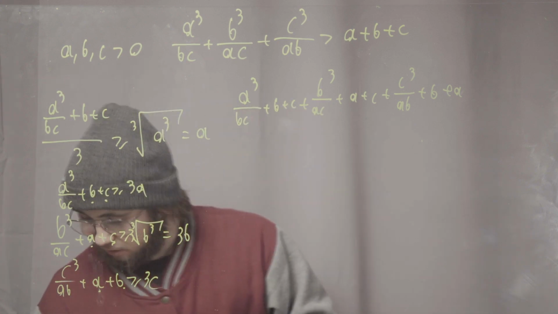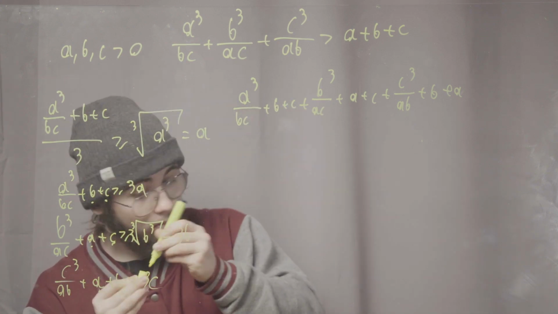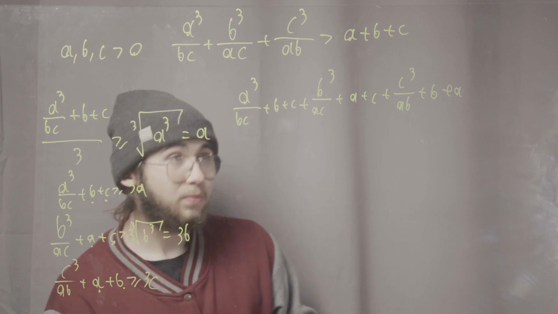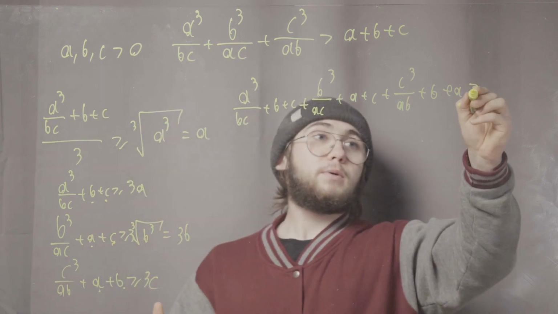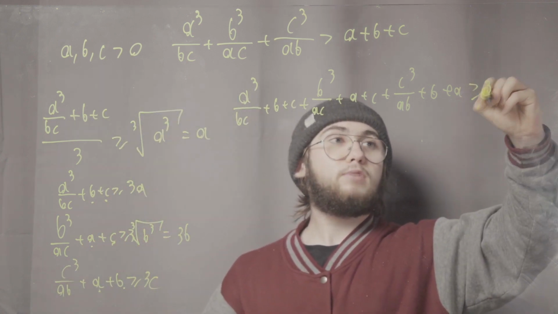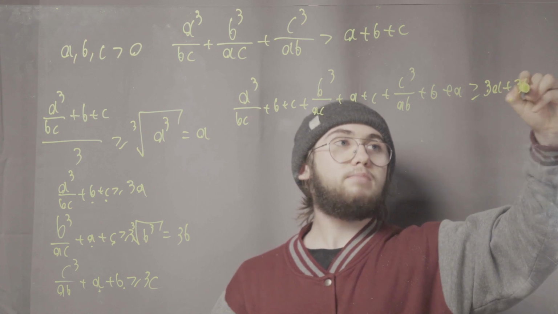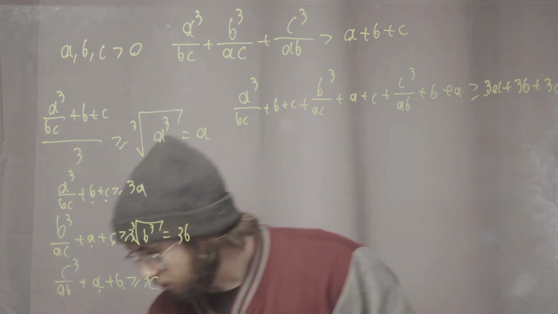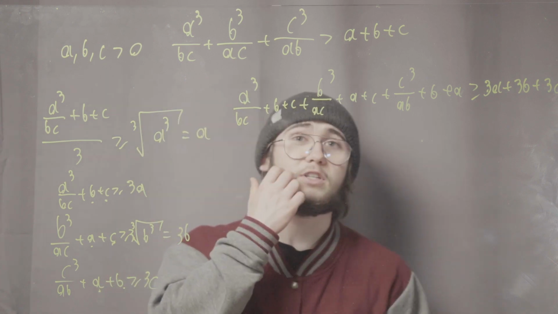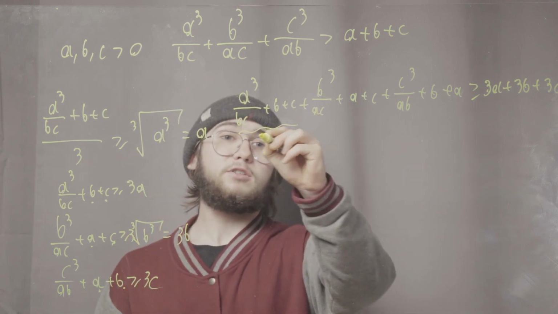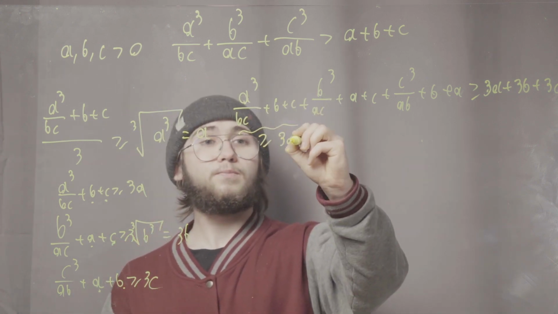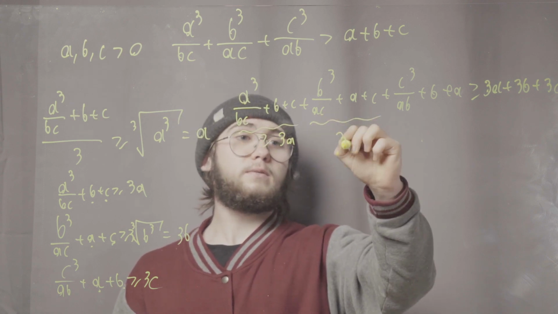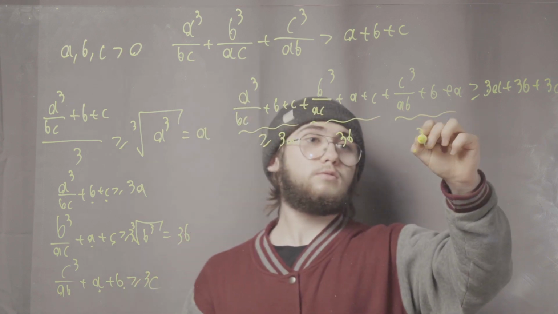And my marker is dying, so pumping. Lovely. We're supposed to prove that it's greater than or equal to 3a plus 3b plus 3c. Can you see it properly? You can, lovely. So, this stuff right here is greater than or equal to 3a, this is greater than or equal to 3b, this is greater than or equal to 3c.